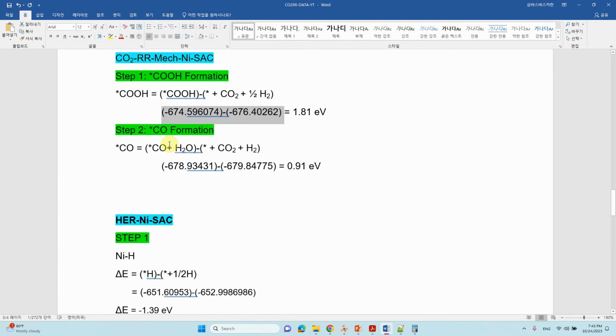Then you need to calculate the formation of CO. This is the second step, the second proton and electron addition step. Here you have to take the CO adsorbed system plus a water molecule. In this step, one water molecule will form, so we need to add that energy. That is very important.